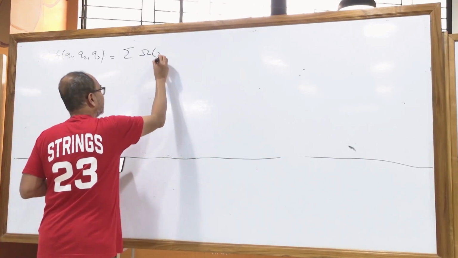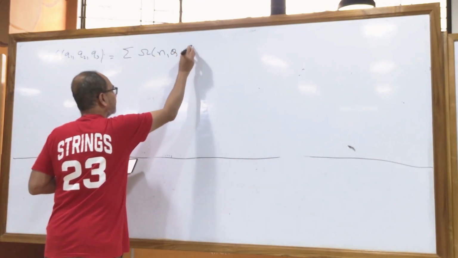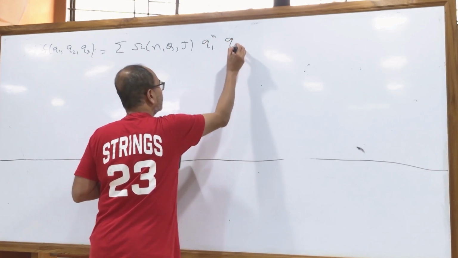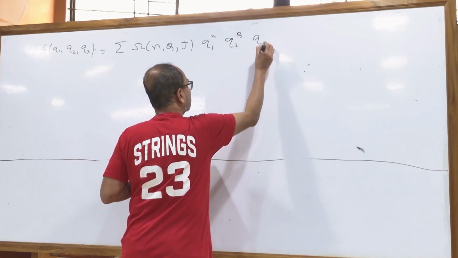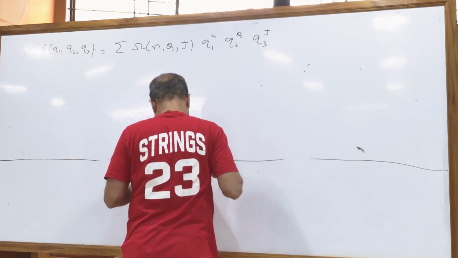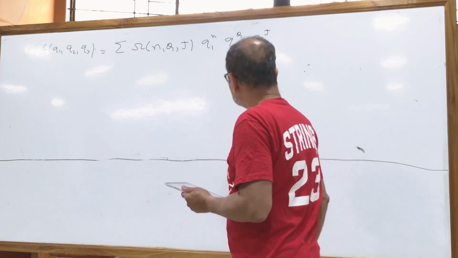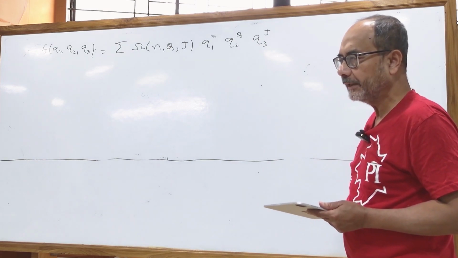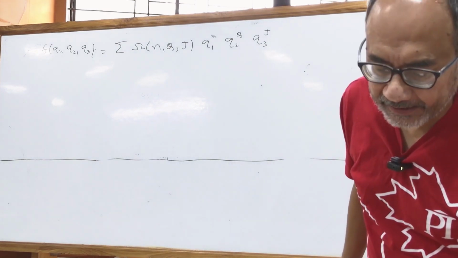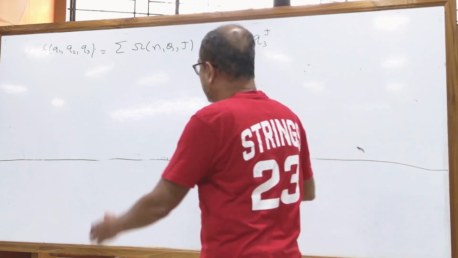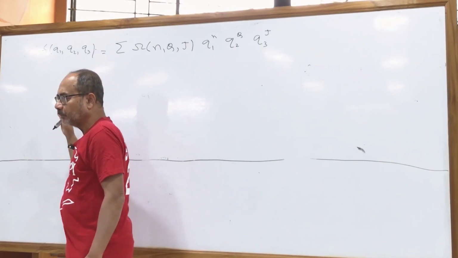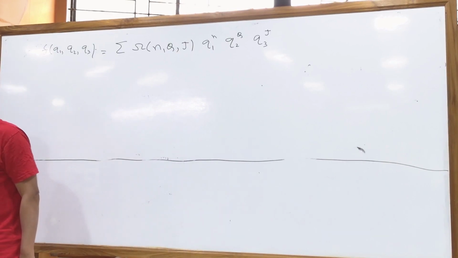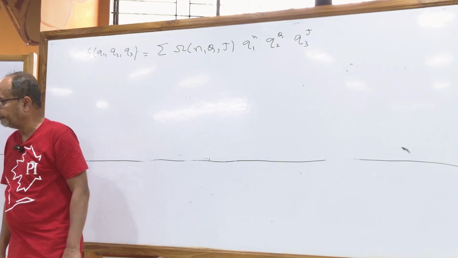Omega will be a function of N, Q, and J. Q1 to the N, Q2 to the power Q, and Q3 to the power J. Okay. And the idea is that this is something that you can calculate. If Q1, Q2, Q3 is something that you can actually calculate and write down an explicit expression, which is what I am going to do now.